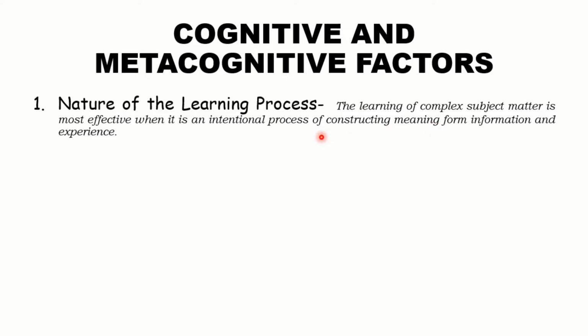There are different types of learning processes. For example, habit formation in motor learning, and learning that involves the generation of knowledge, or we can say cognitive skills, and also the learning strategies that the teacher uses. Learning in school also emphasizes the use of intentional processes that students can use to construct meaning from information, experiences, and their own thoughts and beliefs.